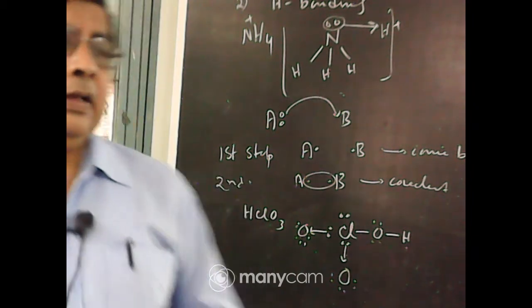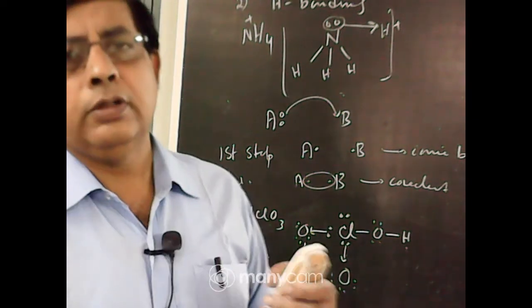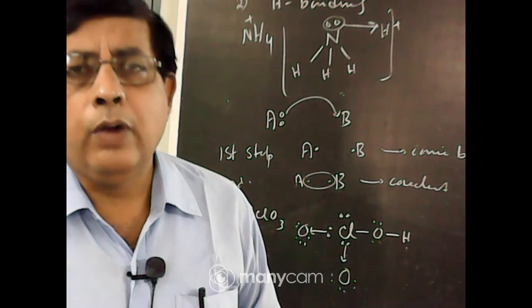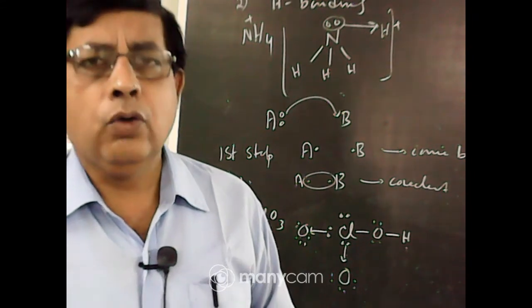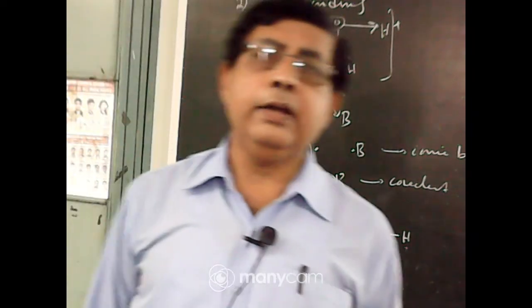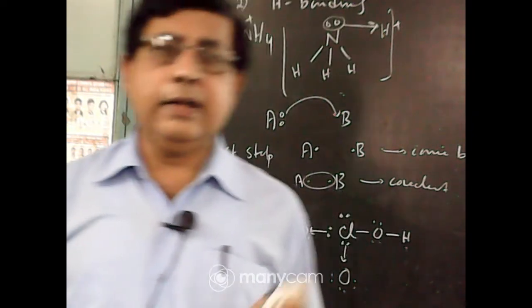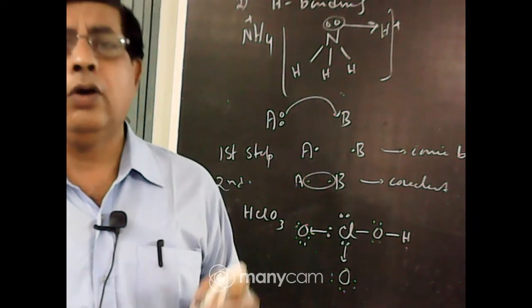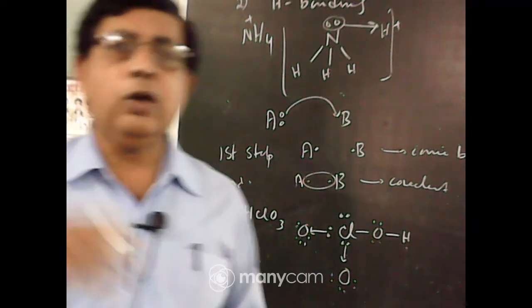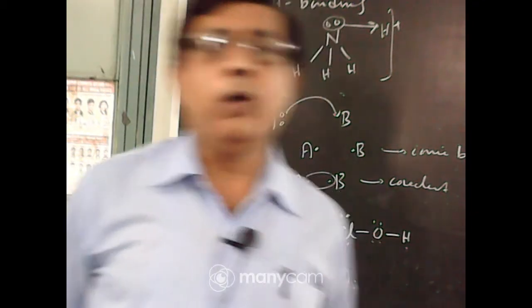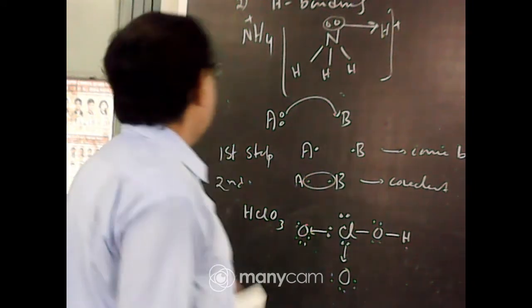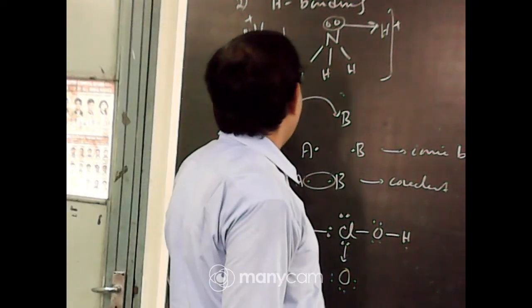The best example of coordinate bond that you will study in class 12 is the formation of coordination compounds or complex salts. In a coordination compound, the metal atom has many vacant d orbitals and the ligand, which has a lone pair of electrons or negative charge, forms coordinate bonds with the vacant d orbitals of the metal atom to form the coordination compound. The coordinate bond is a combination of ionic bond and covalent bond.